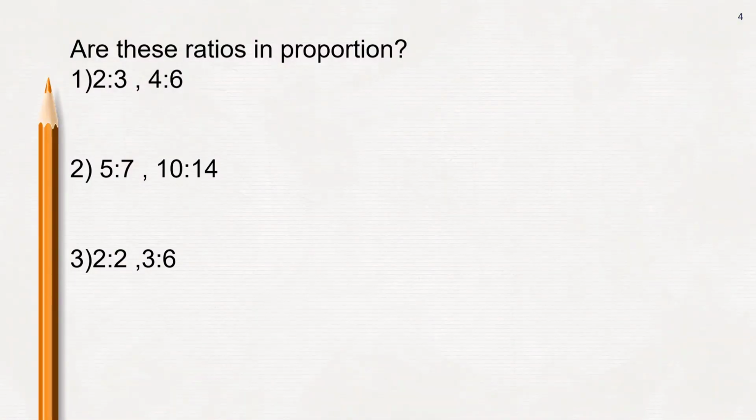Next, let us find out whether the given ratios are in proportion or not. To find that, we have to find out whether the extremes are equal to the means. Extremes A into D should be equal to B into C. Let us find out.